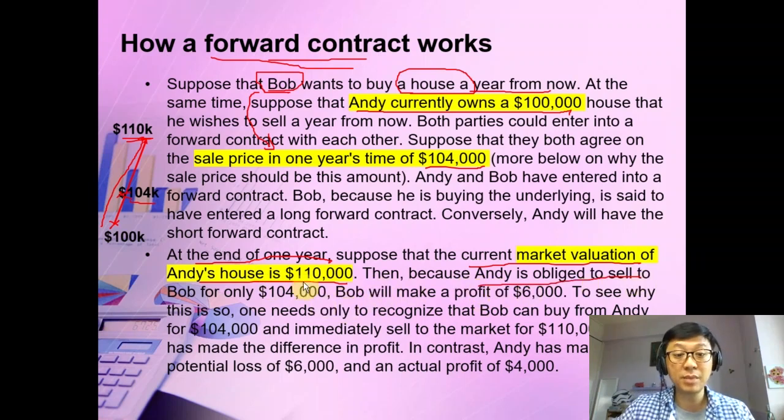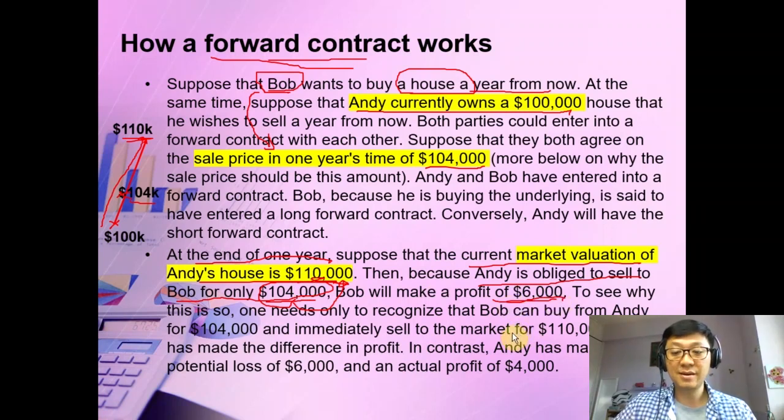He can't sell at this market price anymore because they have a forward contract that says you have to sell to Bob at 104K. So in a way, Bob makes a profit of $6,000. Why? Because now Bob can buy the house at 104 and he could jolly well sell the house at the current market price 1 year later, which is 110. So he can actually profit 6,000.